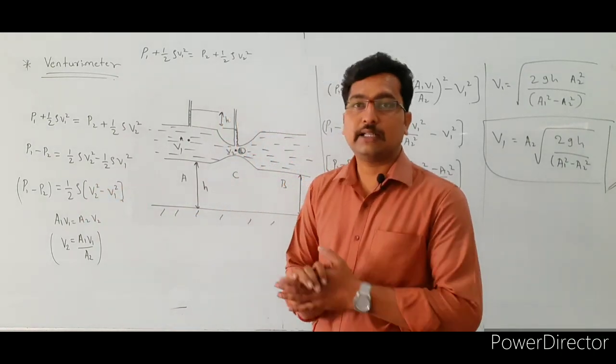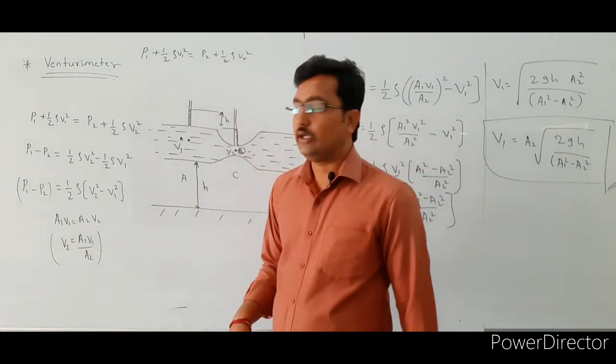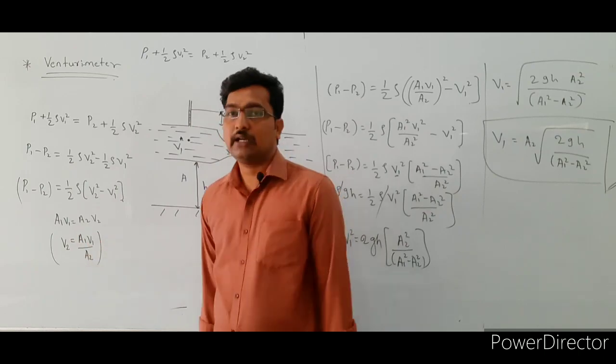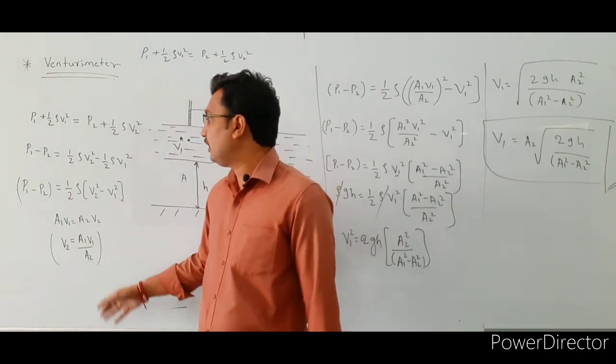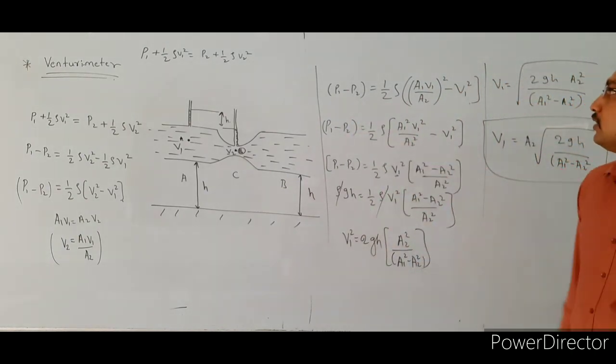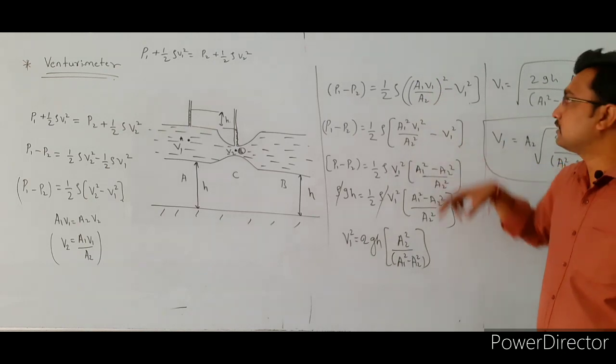Already we know the equation of continuity, that is A1 V1 is equal to A2 V2. From this relation, V2 is equal to A1 V1 divided by A2. So substitute this V2 value in this relation, right? Then P1 minus P2 is equal to 1 by 2 rho bracket of A1 V1 by A2 whole square minus V1 square.